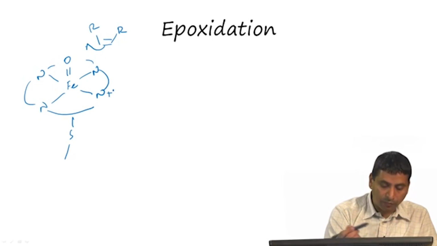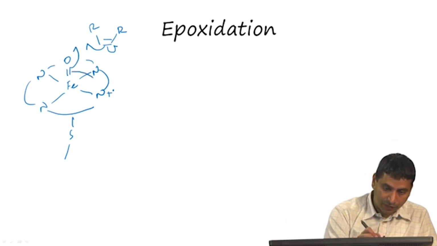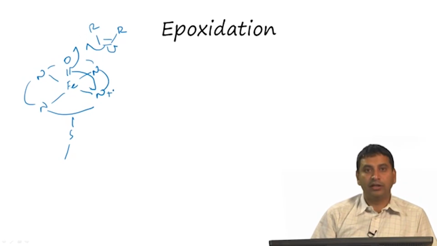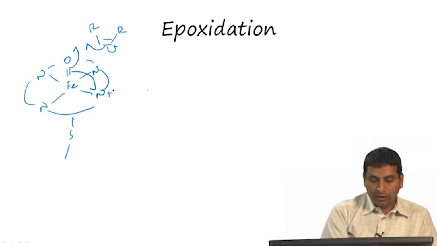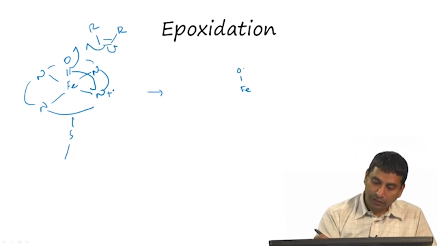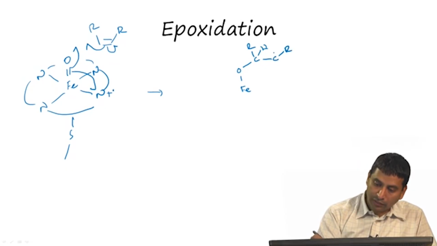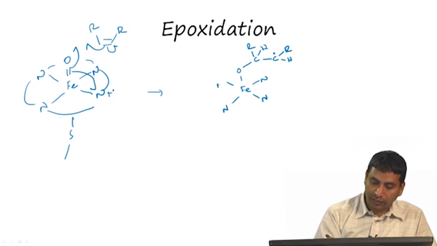So, you have the formation of a radical species, here is formation of another radical species, and this is now donated over here. The second electron is given to the radical cation of the nitrogen and you end up with Fe O carbon, R, H, carbon, R, radical, H, rest of the molecule is the same.